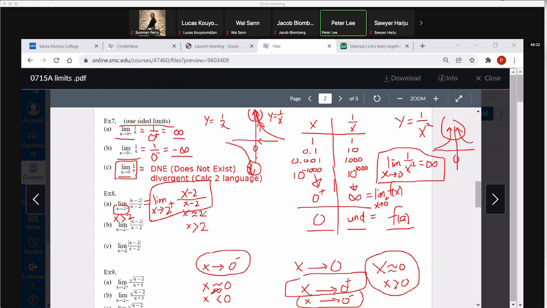So everything is sitting there. Now what did I do here? What I did was absolute value of x minus 2 will equal x minus 2. Why is that? Because x is bigger than 2. If x is bigger than 2, what can you say about x minus 2? X minus 2 is actually bigger than 0. And if that x minus 2 is bigger than 0 and has an absolute value, what happens?